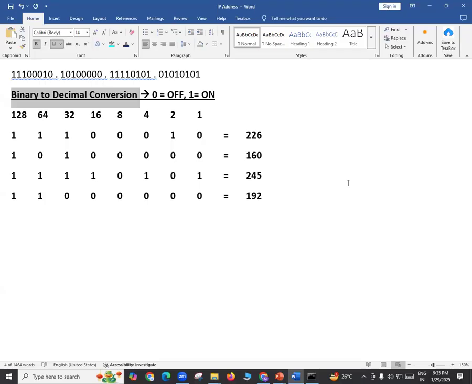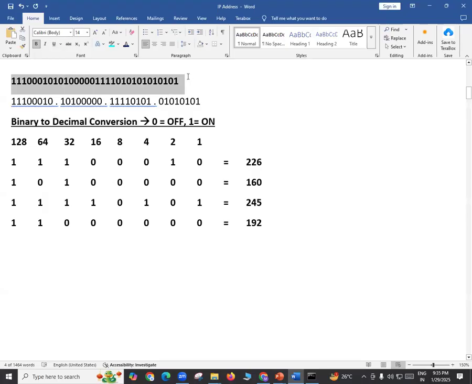Got it? So let me go through the binary decimal numbers from basic to the advanced level. See here, friends, there are totally how many bits? There are totally 32 bits. But 32 bits are divided into how many octets? 4 octets.